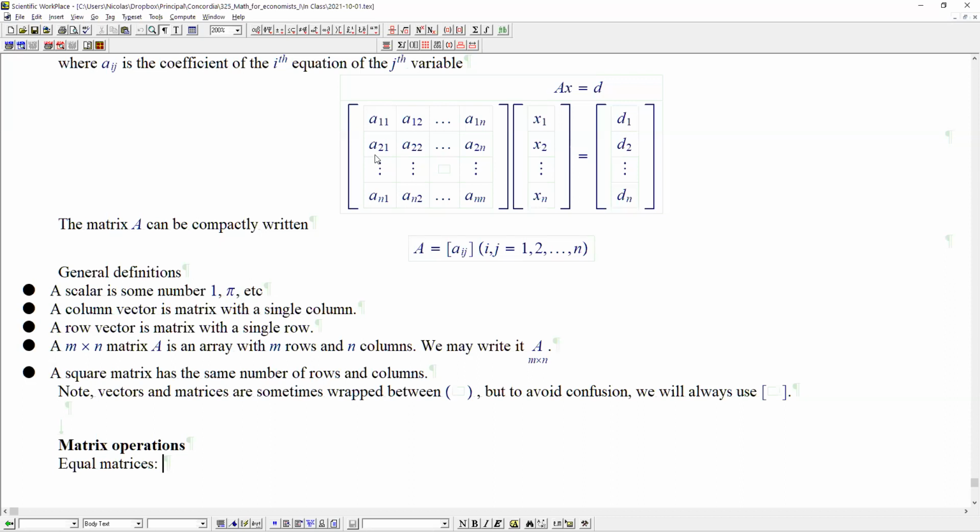All right, equal matrices. A is equal to B if Aij equals Bij. Oh yeah, and by the way, sometimes you see this.